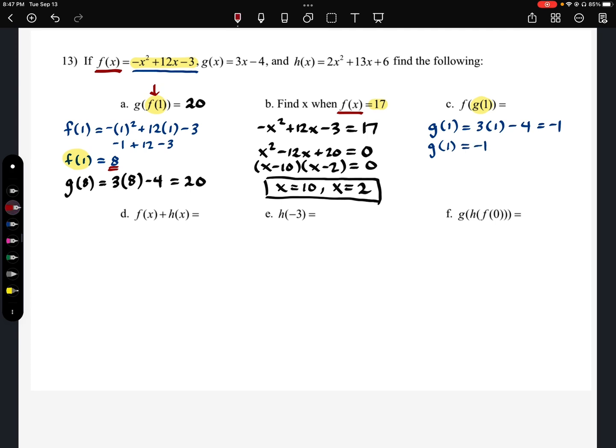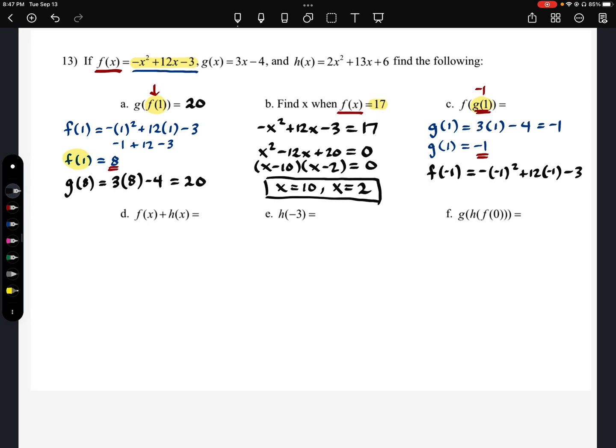Again, we're going to take that negative 1 and replace g of 1 and plug it in there. So we have now f of negative 1 is going to equal the opposite of negative 1 squared plus 12 times negative 1 minus 3.